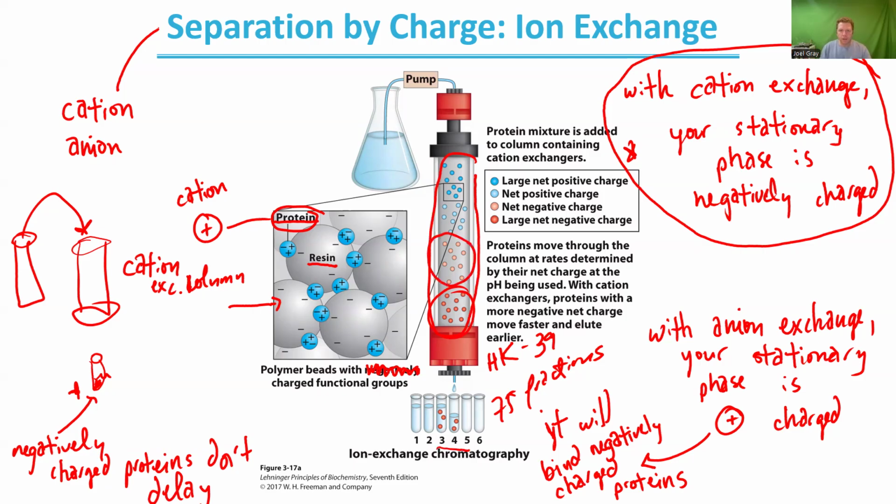The light red, they're going to come out in fractions, let's say, 10, 11, and 12. Then these, maybe 20 to 23. And then these last ones might be in fractions 30 to 39. In terms of how pure they are, you don't have to worry about these proteins right here contaminating those down there. Does that make sense?